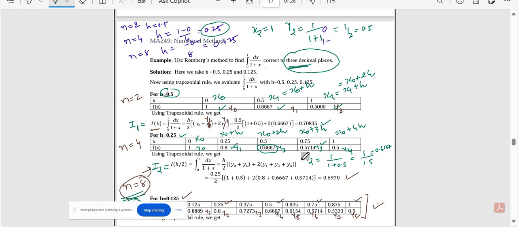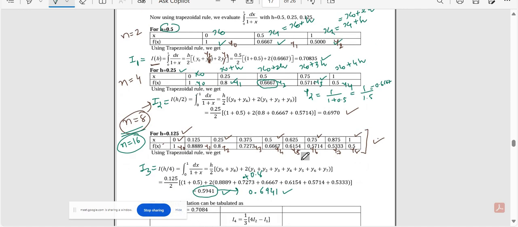If you observe here, these two values are nearer, 0.6970 and 0.6941. So up to 2 digits both are the same, so we can say that we have to stop here. If the values do not match up to 2 decimals, then we have to go for more calculation.